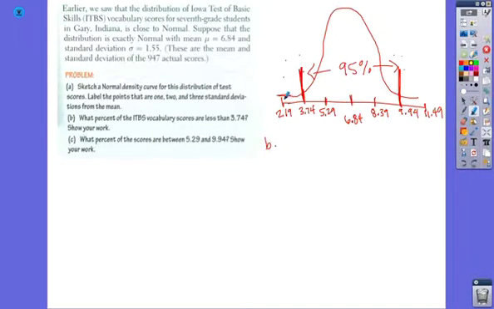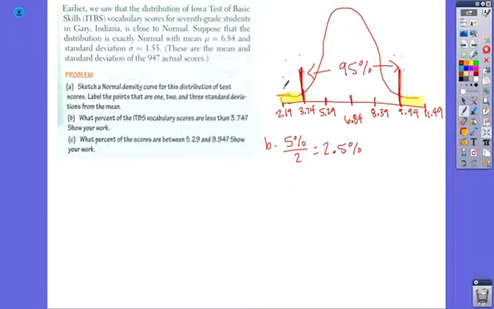I'm going to highlight it so you can see it. So it would represent all of this, and it would also represent all of this. And so the yellow parts would add up to be 5%. So what we would basically have to do is we would have to say, okay, I know that there's 5% that's not accounted for, and so I would take 5% and divide it by 2 and get 2.5%.